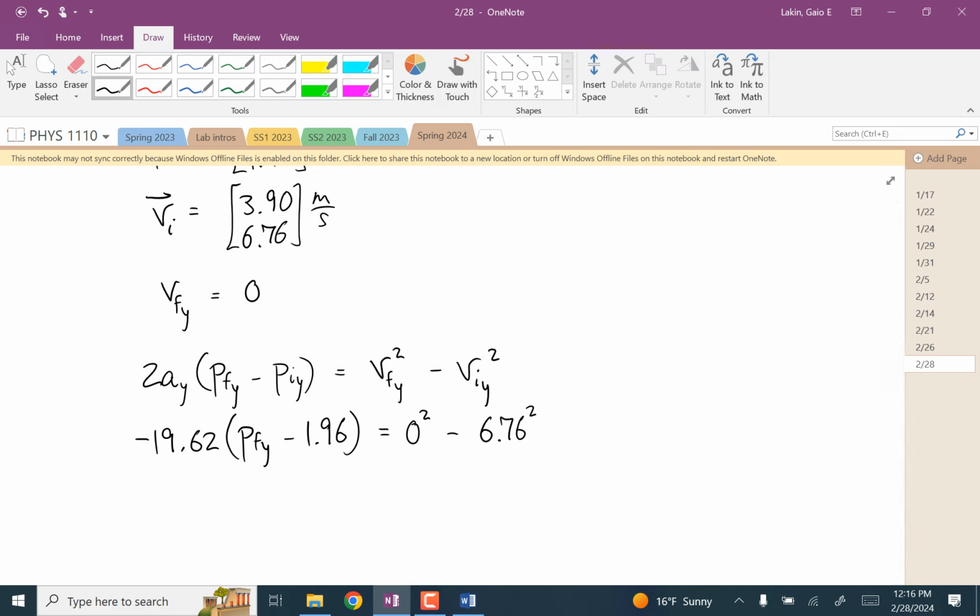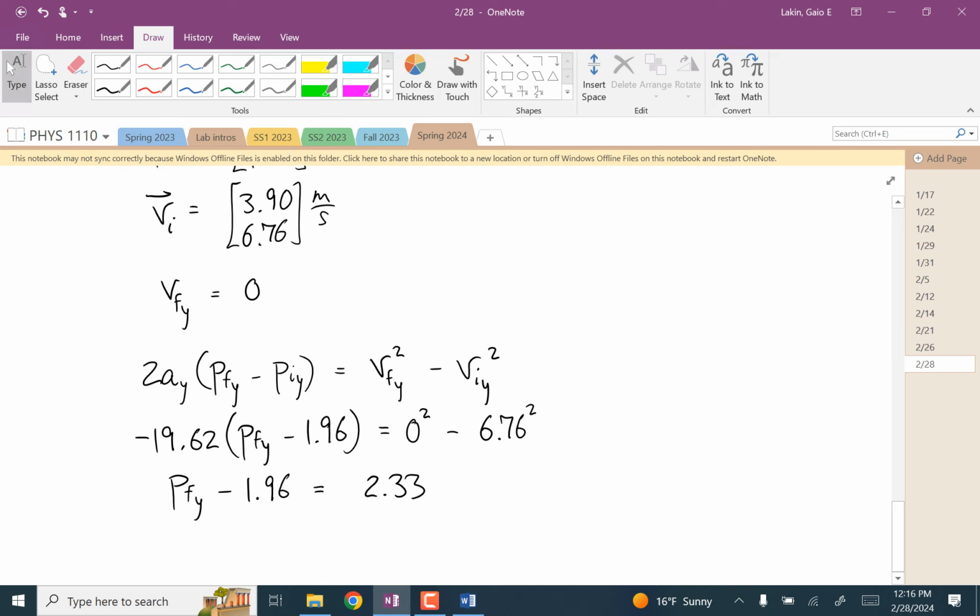I'll divide both sides by 19.62. And you get that PFY minus 1.96 is equal to 2.33.